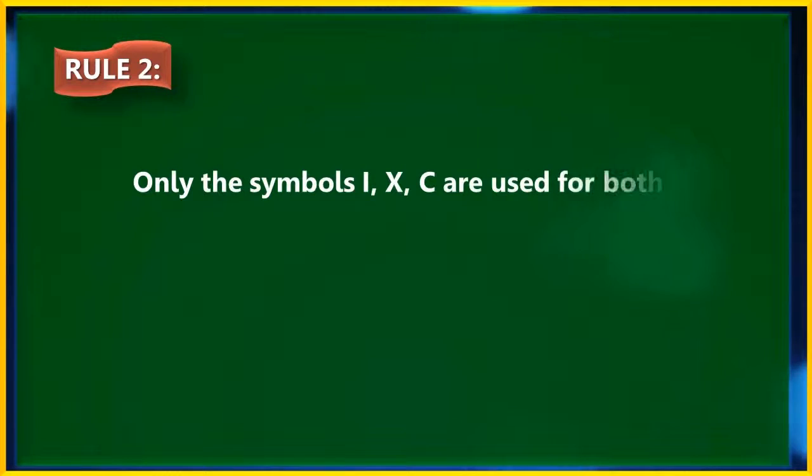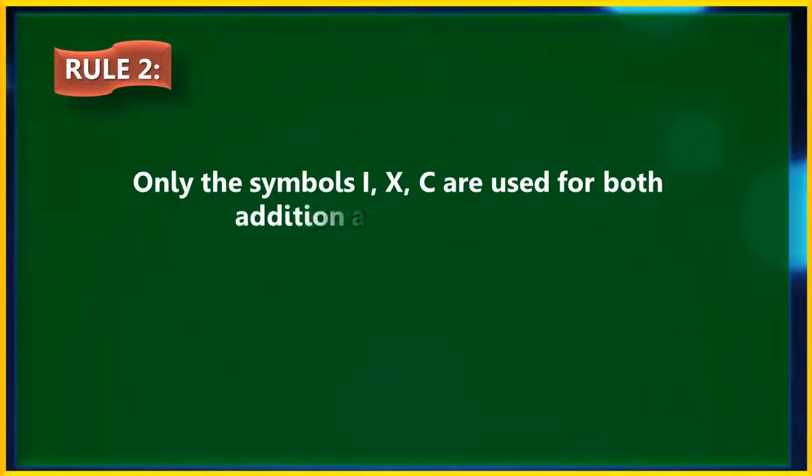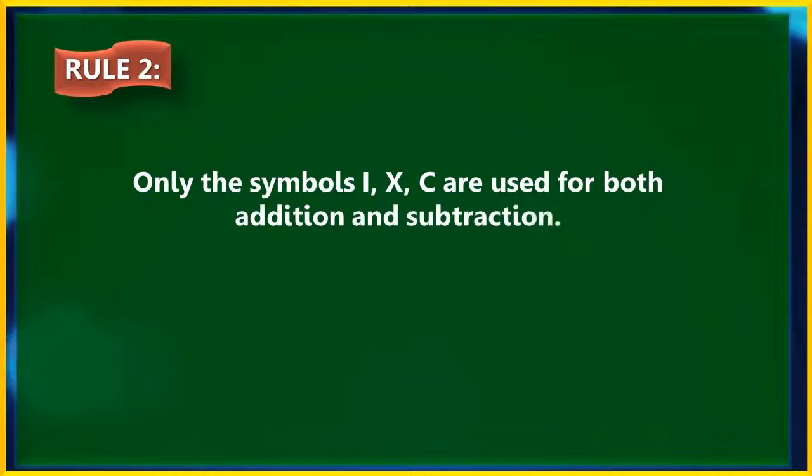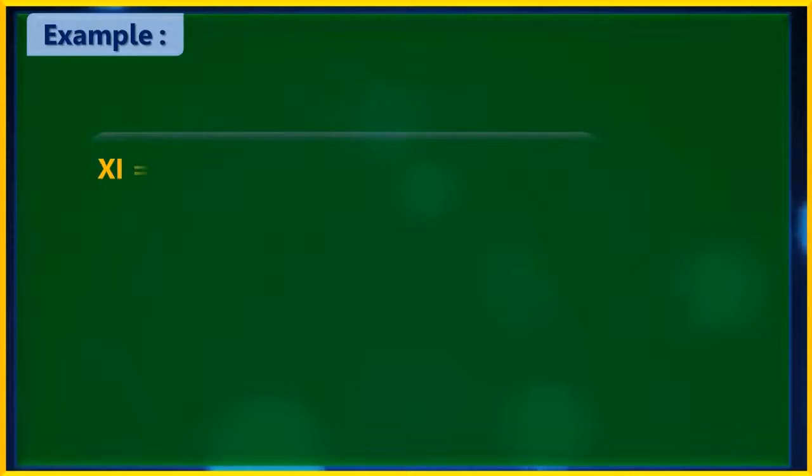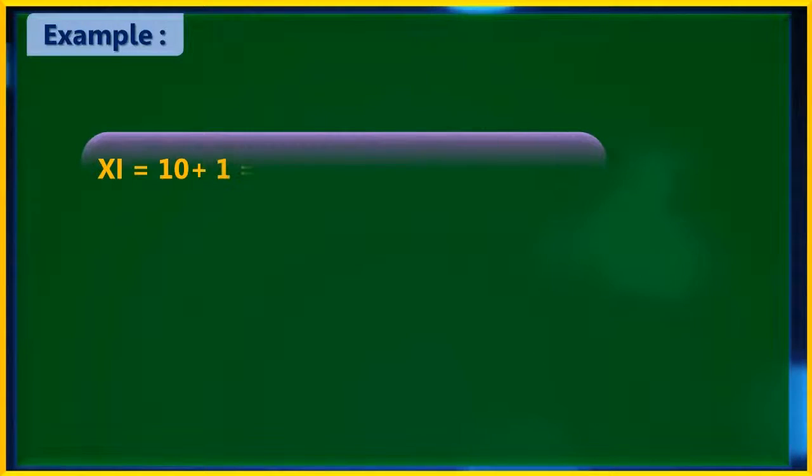Rule 2 states that only the symbols I, X and C are used for both addition and subtraction. Example: Roman numeral XI is equal to 10 plus 1, which is equal to 11.